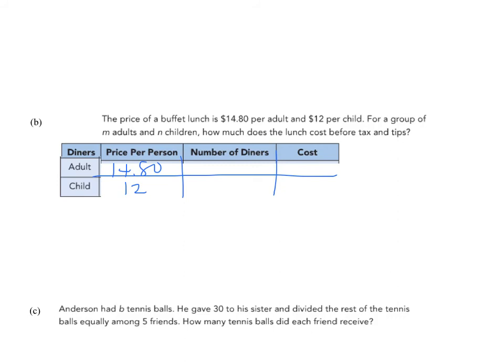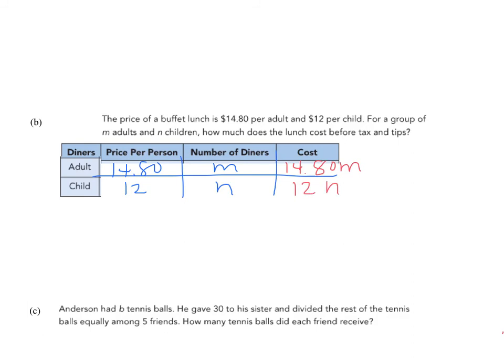For a group of M adults, so number of diners would be M, and a group of N children, N's going to go there. What would the lunch cost be before tax and tip? If we add these two together, $14.80 times M diners is going to be $14.80 M, and 12 times N is going to be 12N.